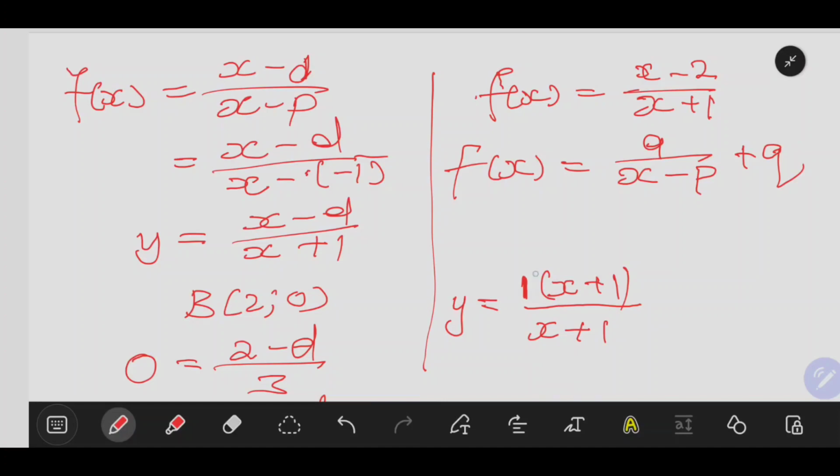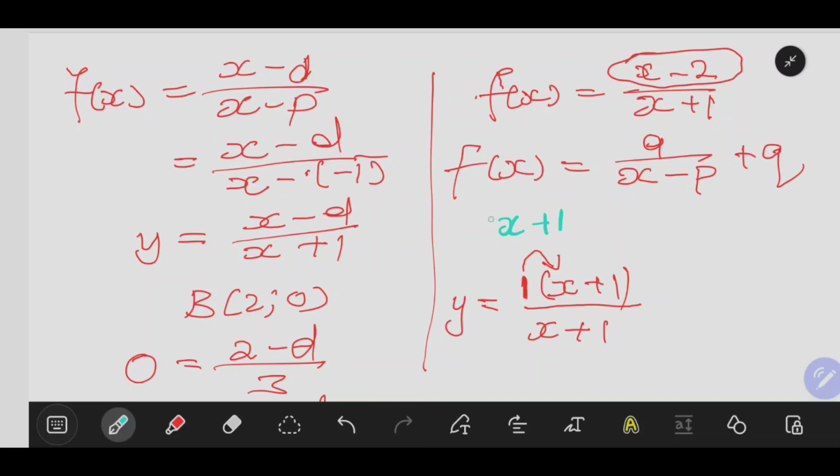Now we check what is on the numerator. When you multiply here, you get x, and 1 multiplied by 1, you get positive 1.